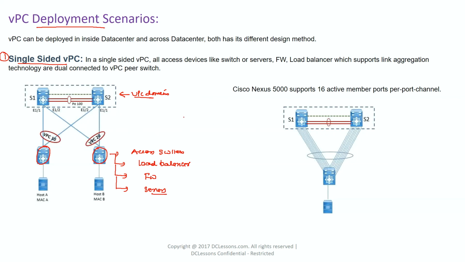Now in a single-sided VPC, in the Nexus box, if you have an M1 series line card, you can have 16 active member ports in a particular port channel.